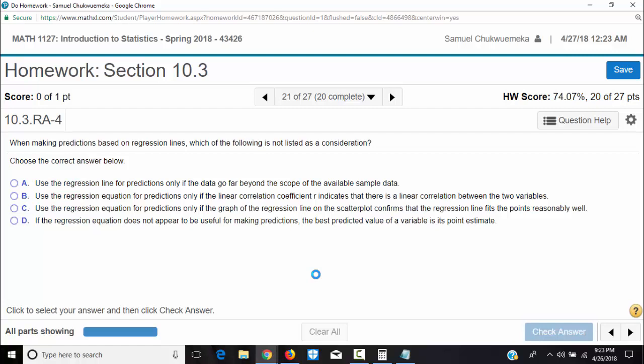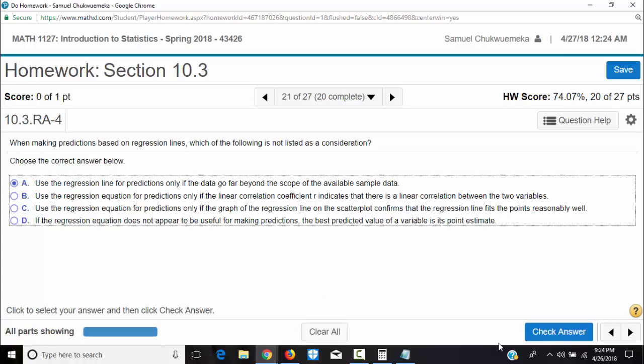That's why we call it line of best fit. Yes, that's right. D, if the regression equation does not appear to be useful for making predictions, the best predicted value of a variable is its point estimate. Yeah, so A is the correct option here.